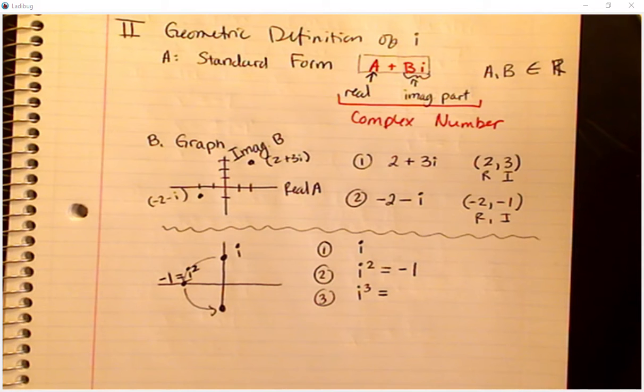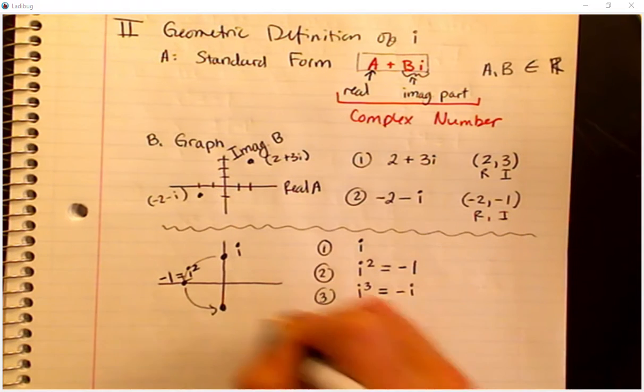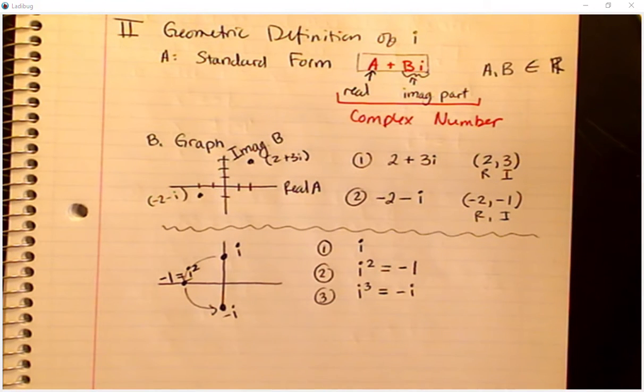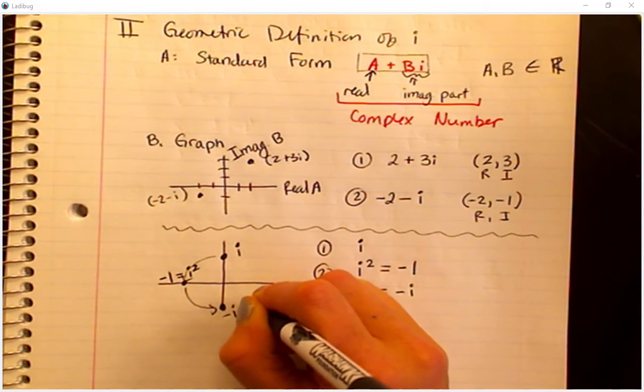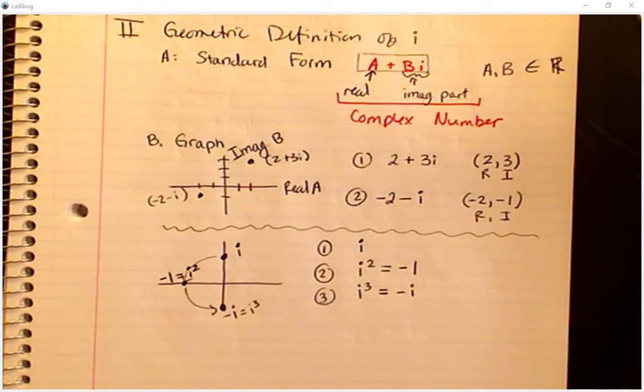Okay, so what point goes here? Negative i. Keep in mind, this is what makes sense with what we just plotted. That's just (0, -1). What was i cubed? Negative i. Okay, rotate again.